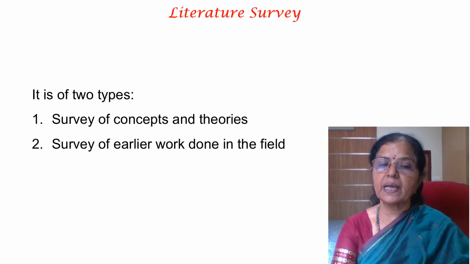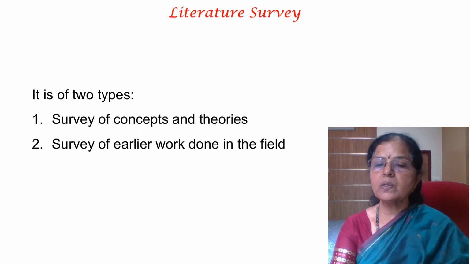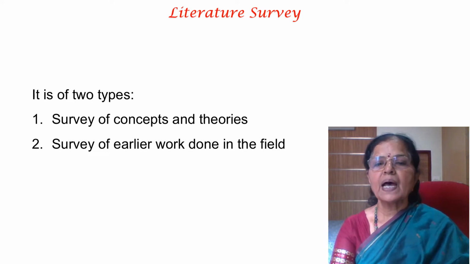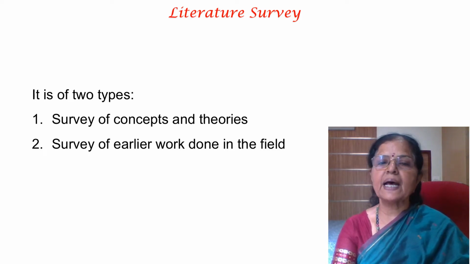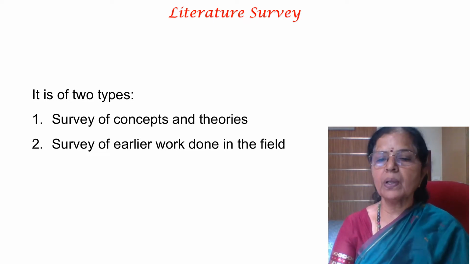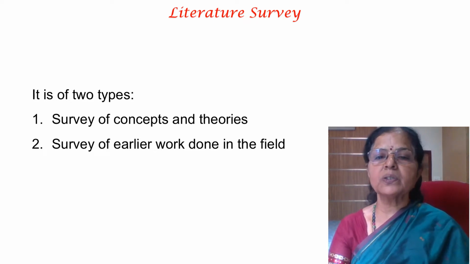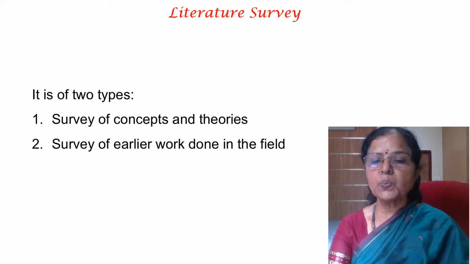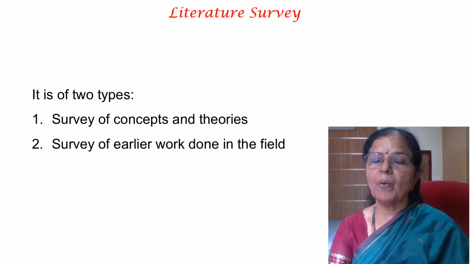The first type involves studying the concepts and theories as explained by the experts in that field, so that the researcher gets first-hand information about the theories and concepts he is going to deal with. Secondly, he goes through the various work done by various authors in the chosen field. Both types of survey are equally important for good research.